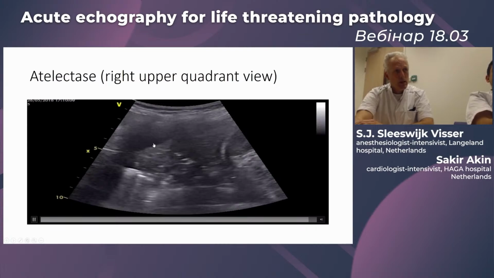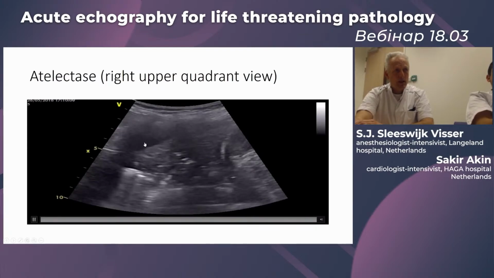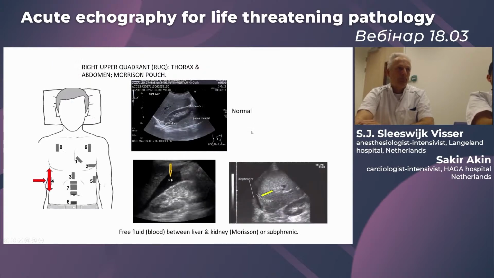Here you see effusion, and what you see very often is a compression atelectasis of the lower lung segments caused by the free fluid. We now go to the upper quadrant and the abdominal windows.